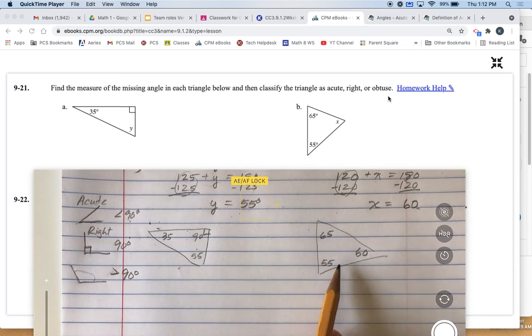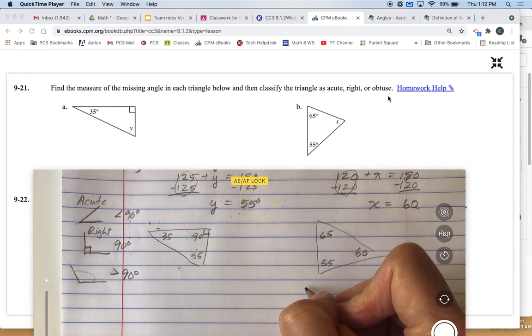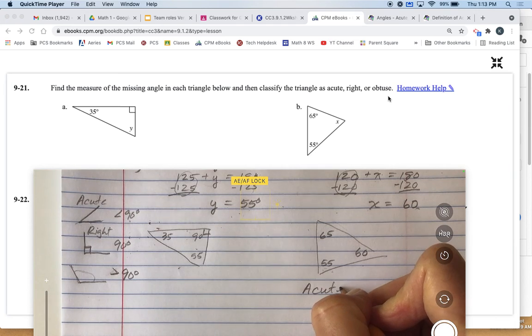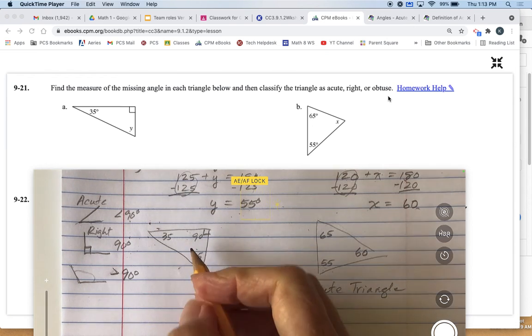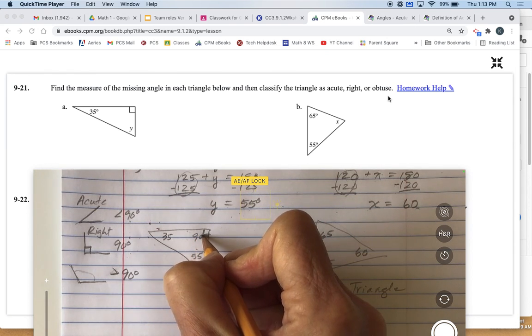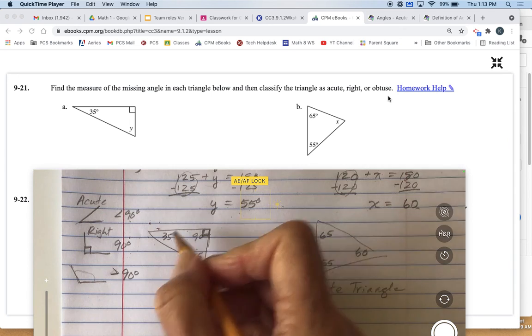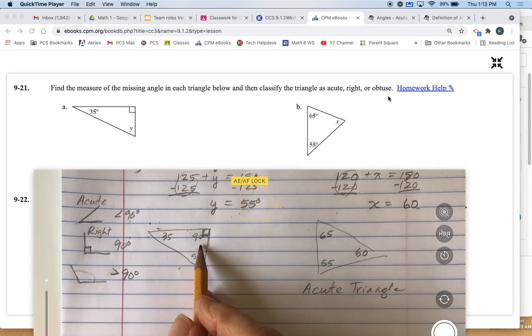So if we look at this triangle, we can see that each one of these angles is less than 90 degrees. So this triangle is an acute triangle. This angle over here has one right angle. And so that's why we know that this is not an acute triangle.